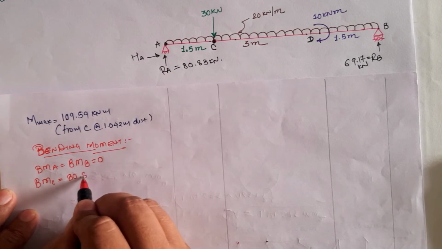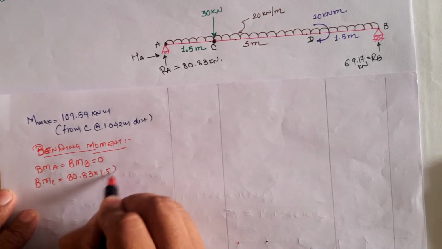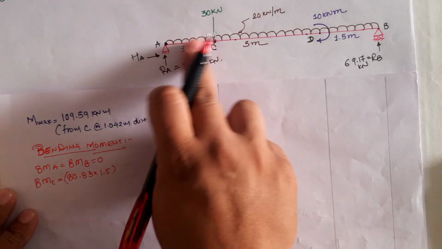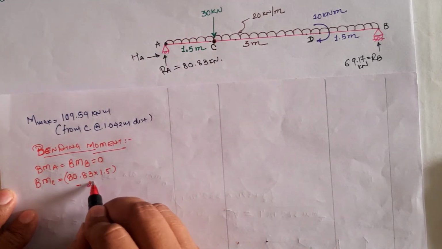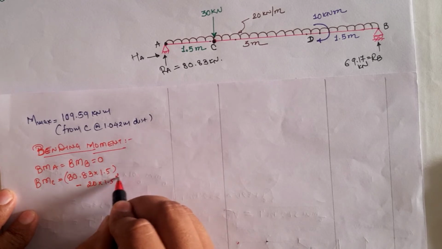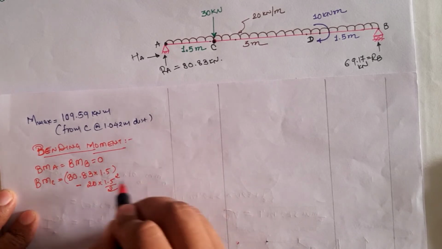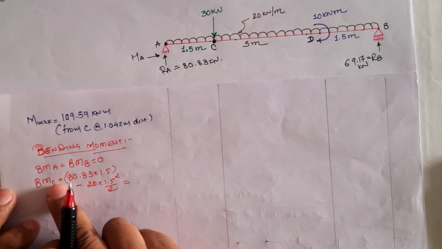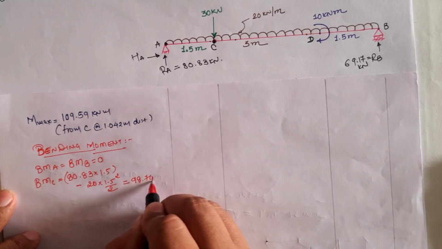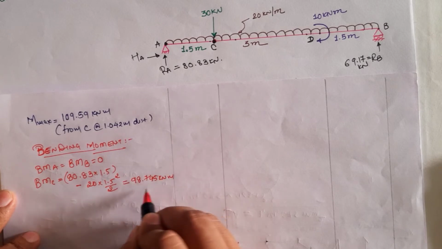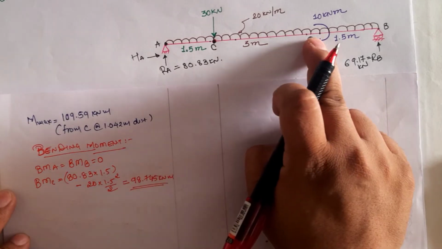So 80.83 into 1.5 in clockwise direction, and the UDL creates an anticlockwise moment, so negative load into distance by 2. Now solving this value, we will have bending moment at location C, which is equal to 98.745 kilonewton meter.